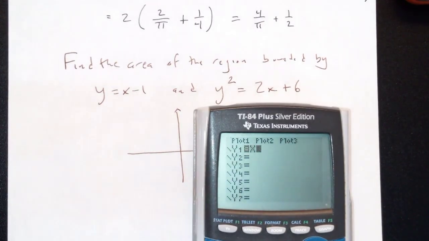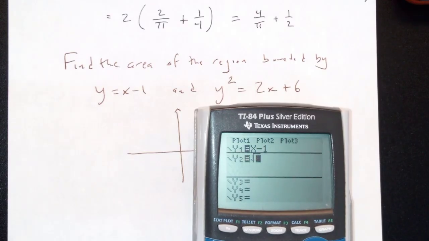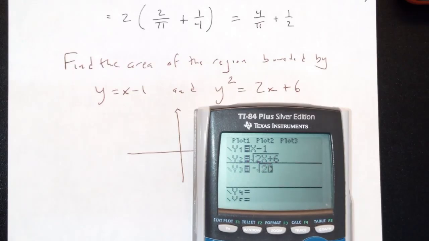Graph this equation, that's easy. And then I'll graph the square root of 2x plus 6. And then I'll graph minus the square root of 2x plus 6.